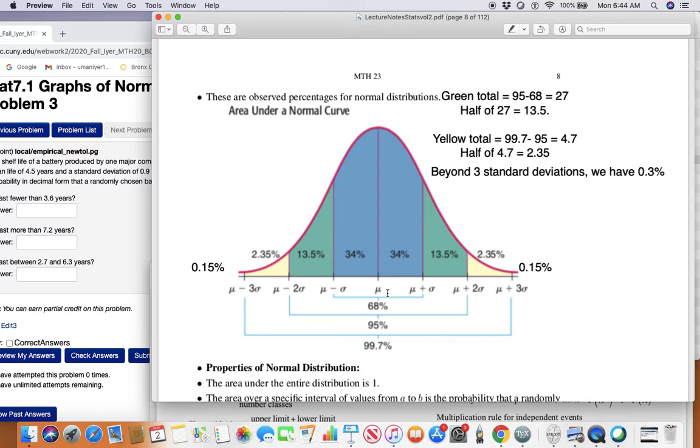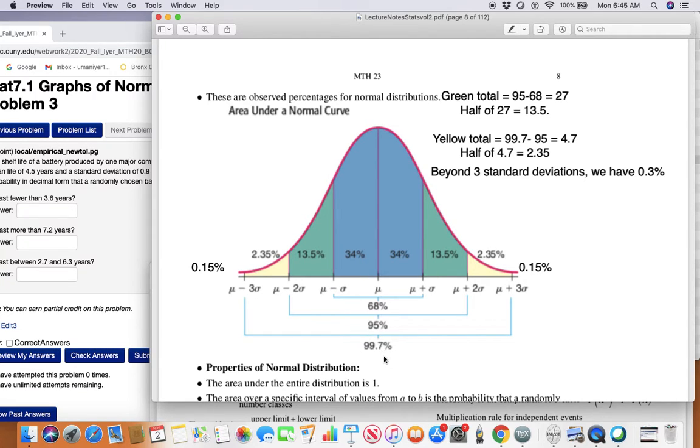Within one standard deviation, you have 68%, and each side gets 34%. Within two standard deviations, you have 95%, which means 13.5 here, 34 here, and so on. And the last part, between three standard deviations, you have 99.7%.